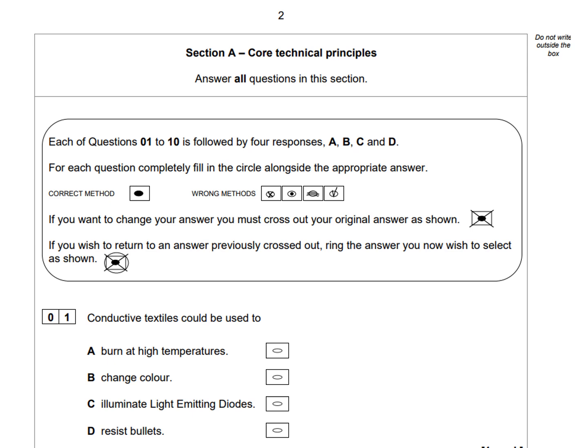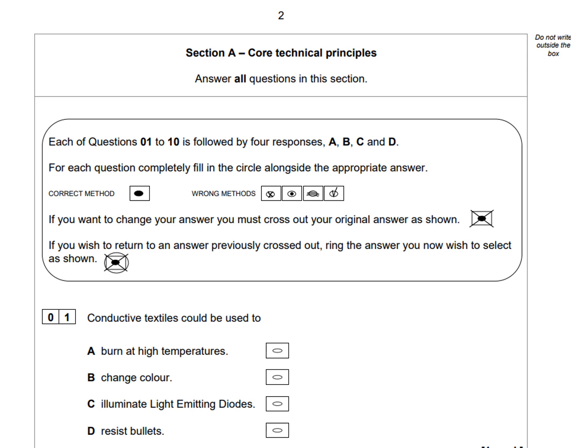The inside of the first page on the exam booklet reminds you how you should be filling in your answers to that first set of questions. It is really important that you don't mark your lozenge in any other way than colouring it in.